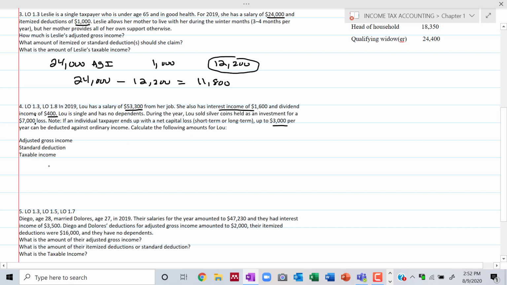Now her adjusted gross income: her salary was $53,300, plus interest income of $1,600, plus dividend income of $400, less her loss of $3,000.